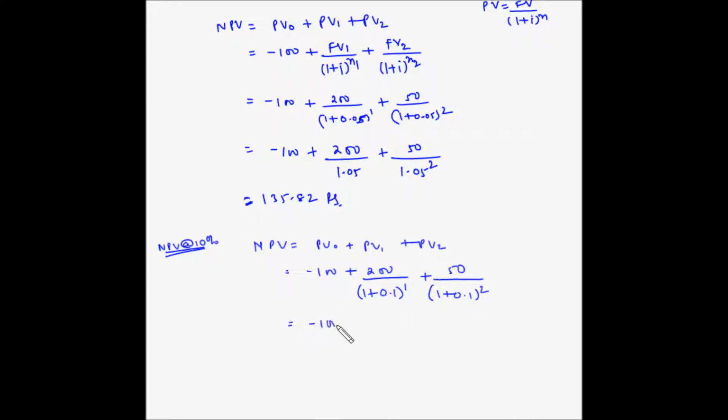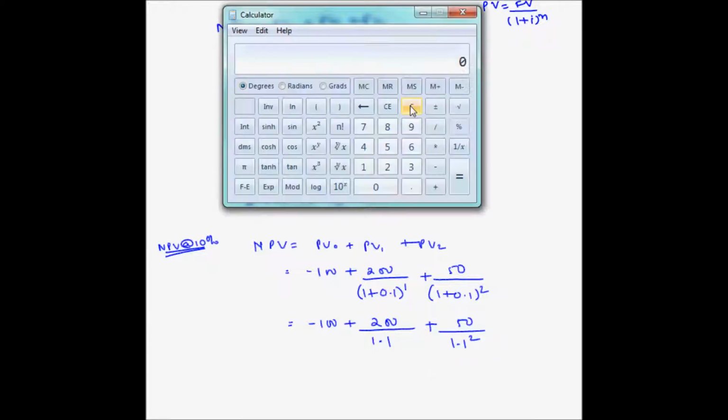So this is equal to minus 100 plus 200 divided by 1.1 plus 50 divided by 1.1 square. So this is equal to 123.14 rupees.